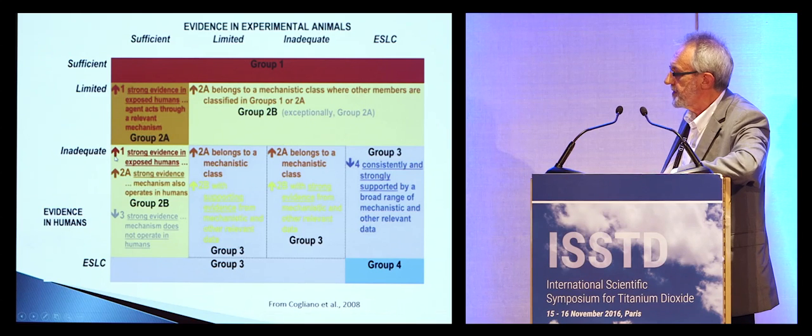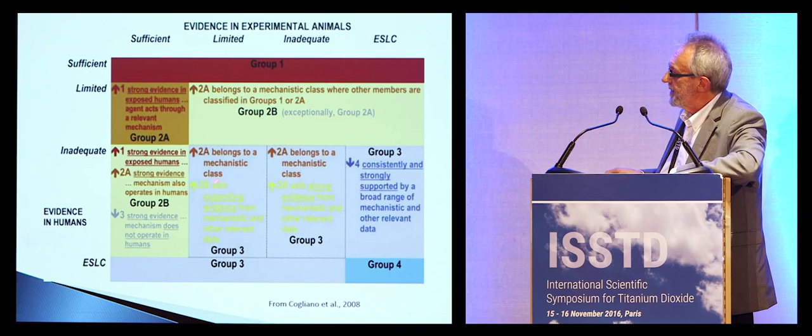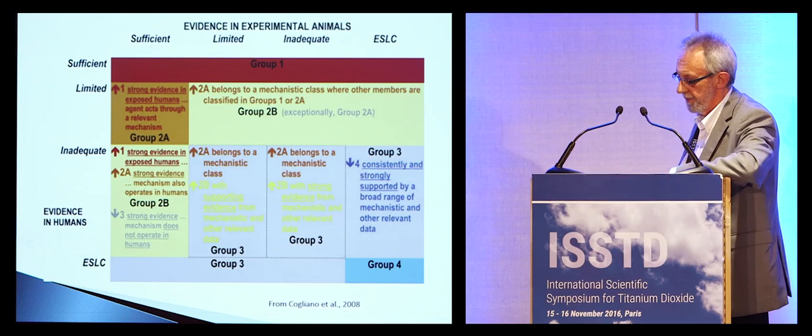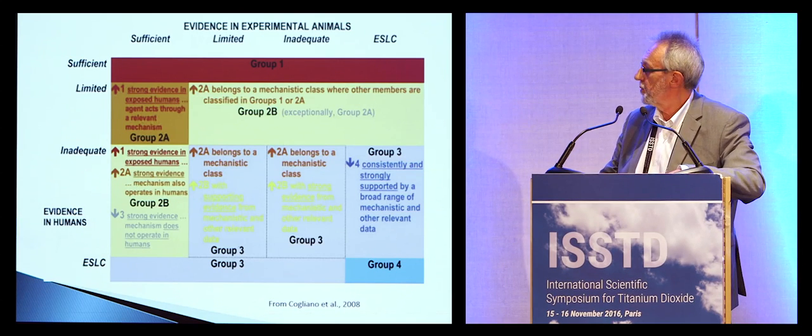So genotoxicity data is a key element on finally settling where the carcinogen group classification in IARC will be based on the weight, the sufficiency of the evidence in animals.